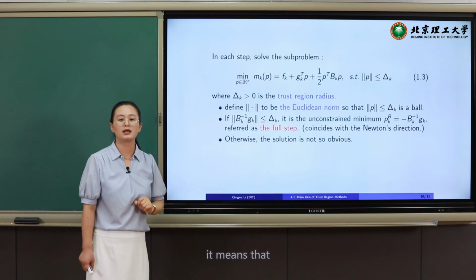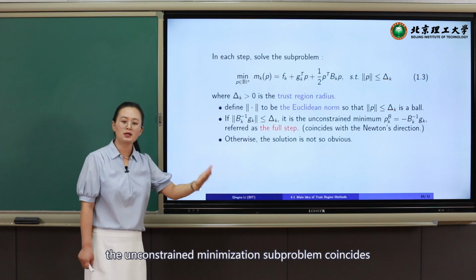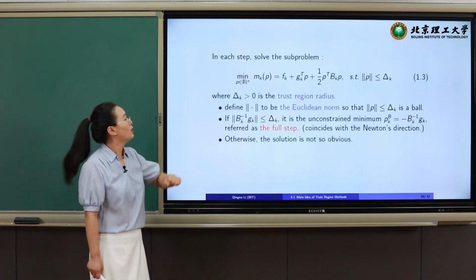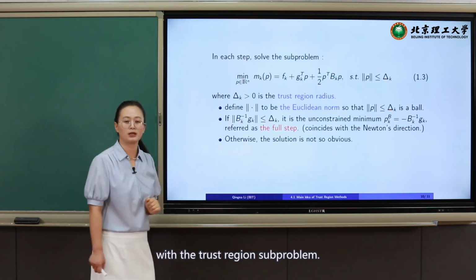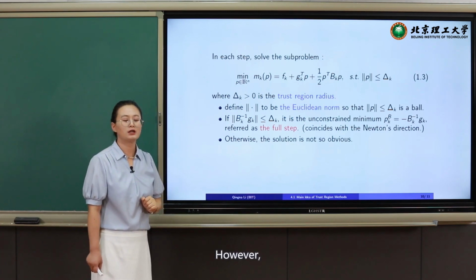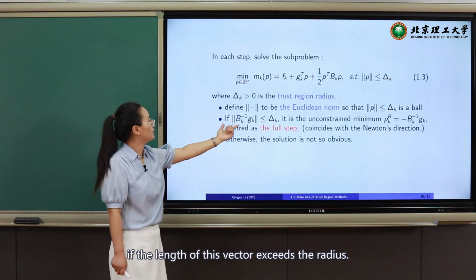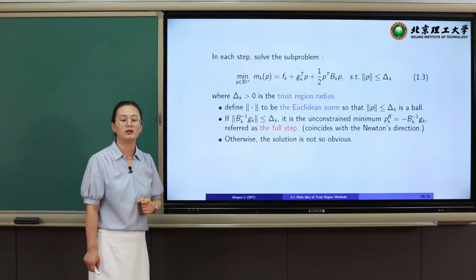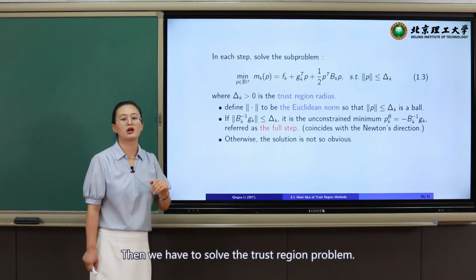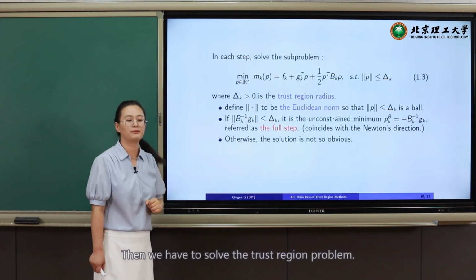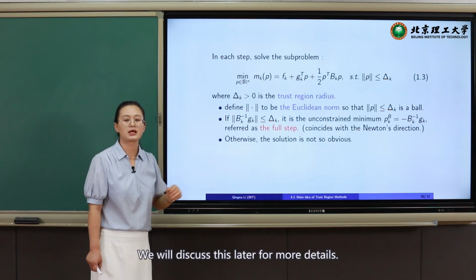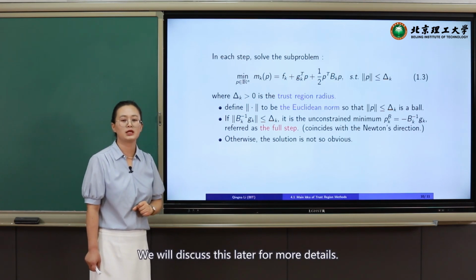In this case, it means that the unconstrained minimization subproblem coincides with the trust region subproblem. However, if the length of this vector exceeds the radius, then we have to solve the trust region problem. And it will be a complicated subproblem. We will discuss this later for more details.